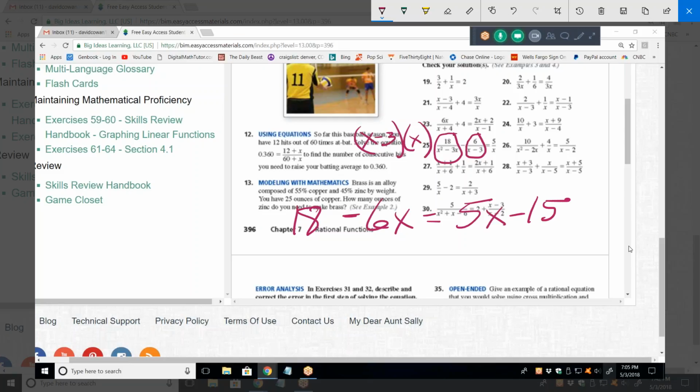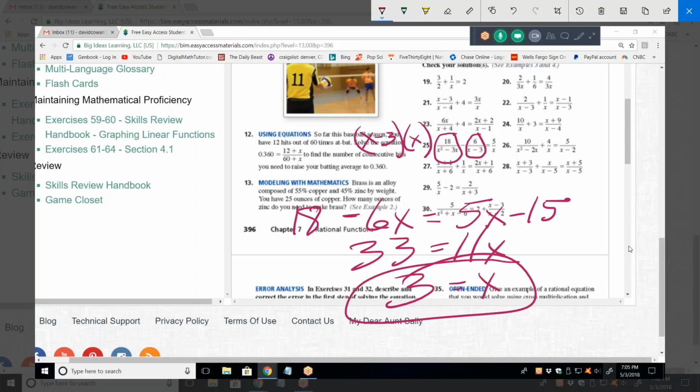So 18 equals 11x minus 15, and then 18 plus 15 is 33. Now, does that violate any domains? Yes. In fact, it violates a lot of them, doesn't it?